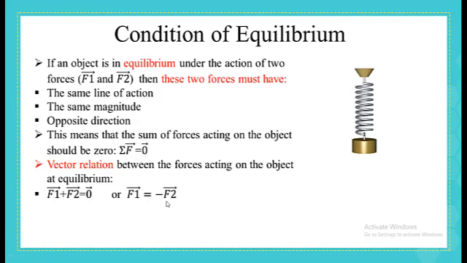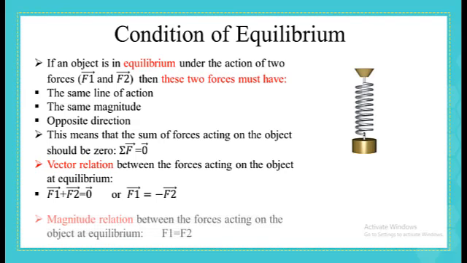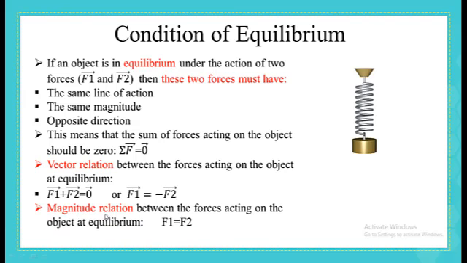We can also get a relation between these two forces, but this time we will talk about the magnitude relation between these two forces. And as we mentioned before, since they have the same magnitude, we simply say that F1 without a vector is equal to F2.